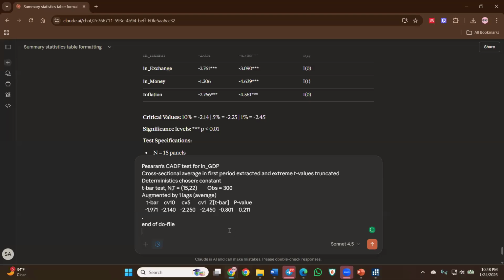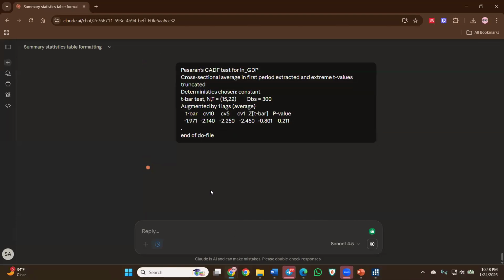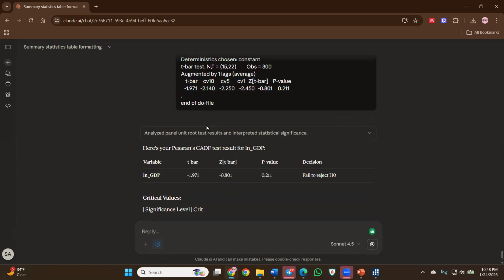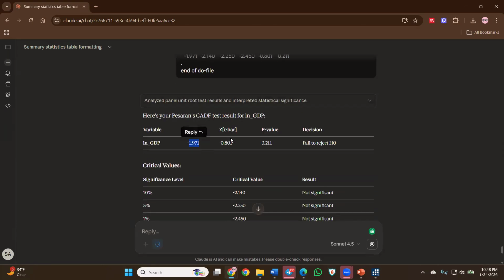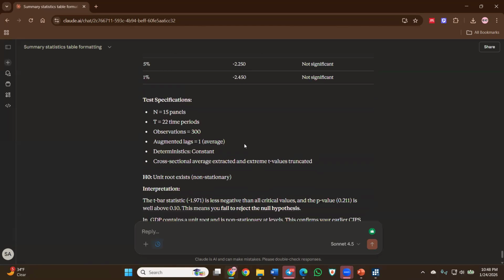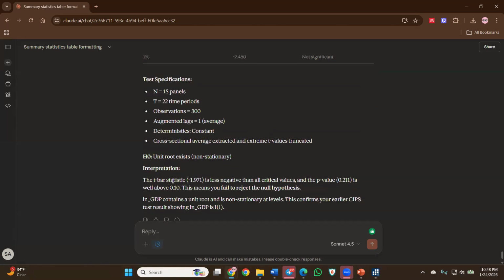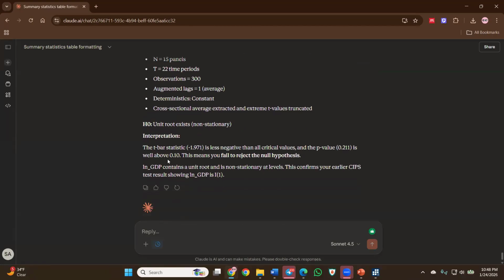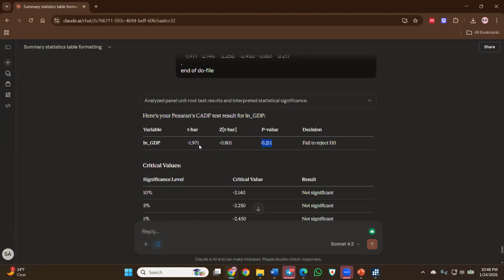So let's look at how it will be interpreted, and then the subsequent ones we interpret them. This one too uses the same critical values, using the t-bar, and then we have the Z t-bar, and then the p-value. Let's look at how the decision is made. The CIPS uses the CIPS statistic, but the CADF uses the t statistic or the t-bar statistic. In our result, the t-bar was 1.97.